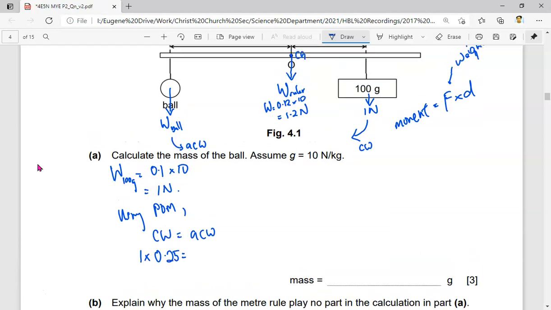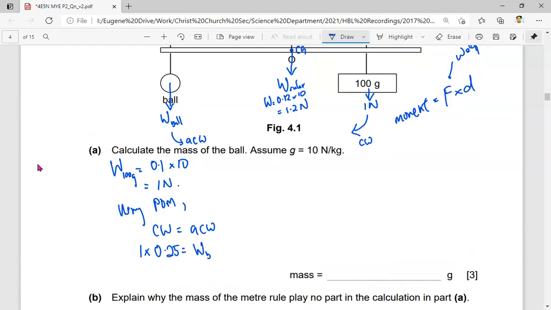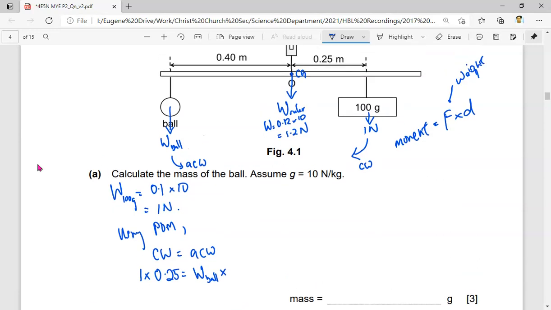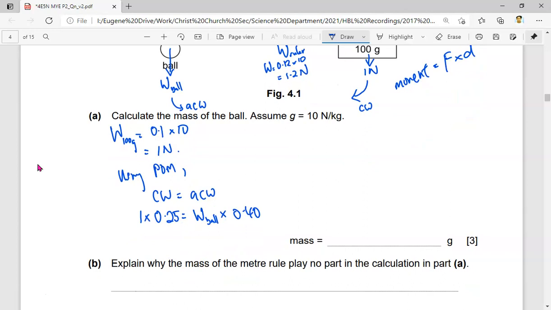Anticlockwise moment, what I have is the weight of the ball, so I put W ball, multiplied by the distance here, 0.40. So the weight of the ball is equal to 1 times 0.25 divided by 0.40, which is 0.625 Newton.